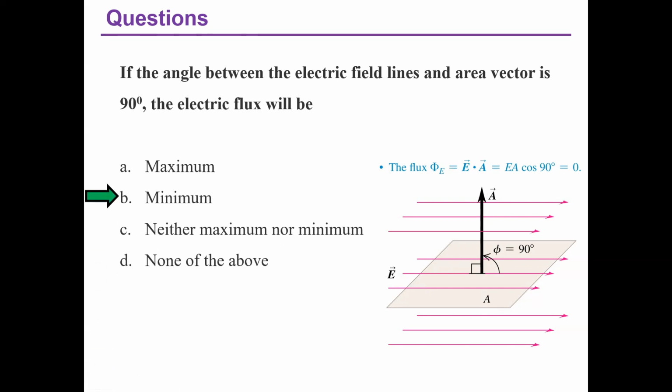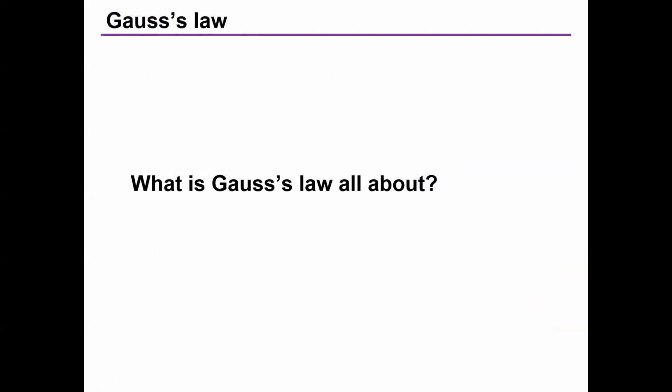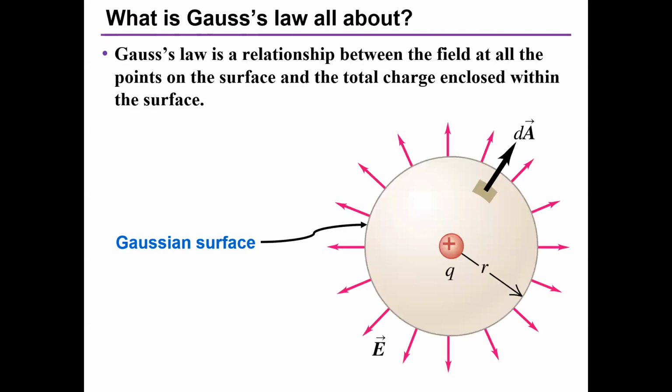Okay, just for follow-up, now we have arrived here, we are able to state and discuss Gauss's law because we have the tool to present it. Okay, what is Gauss's law all about? It is quite simple.